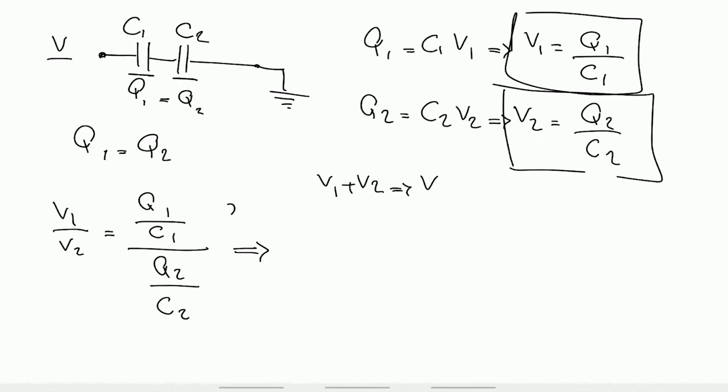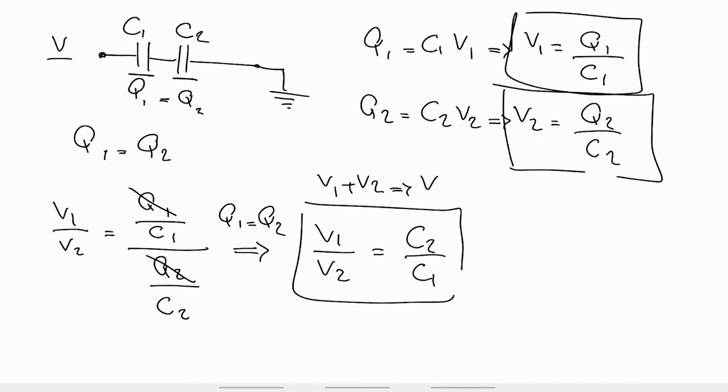As we know that Q1 equals Q2, so these are gone. And now we know that V1 times C1 over C2 equals V2. We know that V1 plus V2 equals V, and also V2 equals V1 C1 over C2.